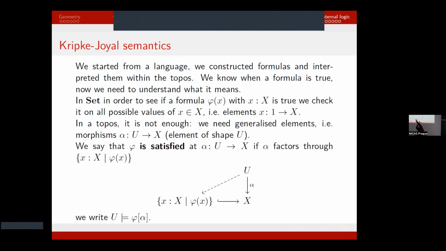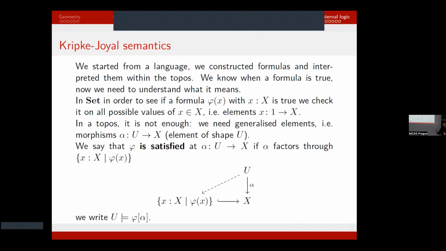Okay, so in Set, how do we check if a formula is true? We take a formula, we substitute a value x of type X, which means a point, an element 1 to X, and we evaluate the formula at that point. The value of that formula will be true or false, and that will tell us if the formula is true there.